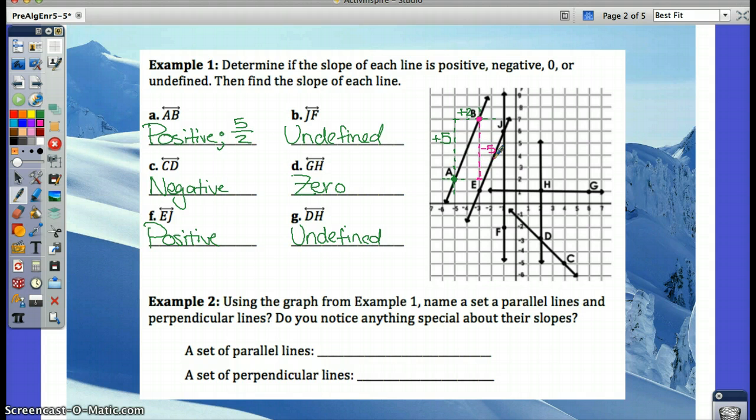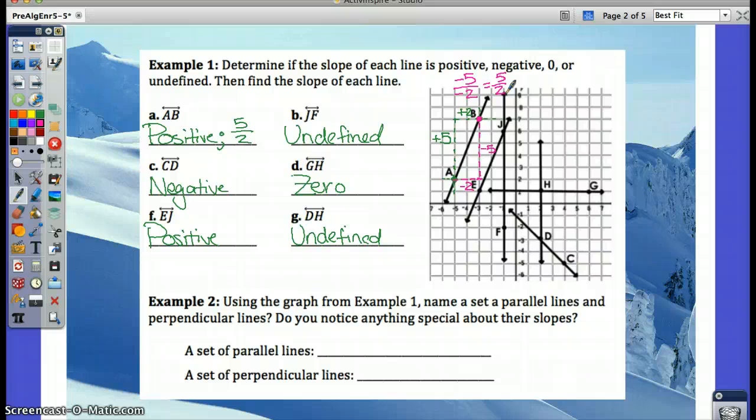But then watch, from this point I would have to run a negative 2 to get to A. So that fraction of rise over run would be negative 5 over negative 2. We wouldn't leave that, guys. Let's simplify those negatives. A negative divided by a negative is a positive. So you can see here, it doesn't matter from which vertex you start and which vertex you go to, you will end up with the same slope.